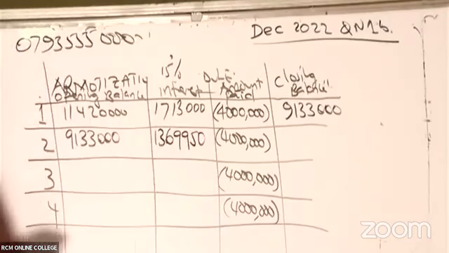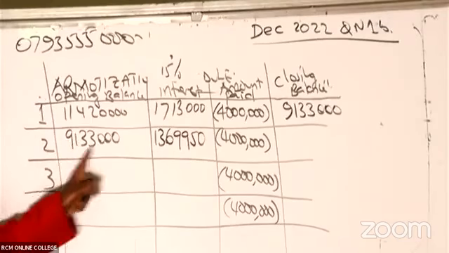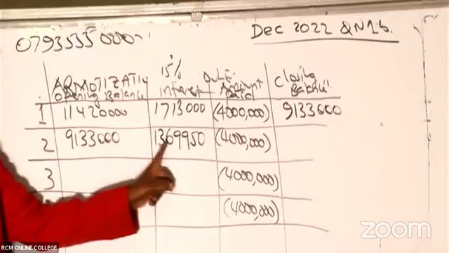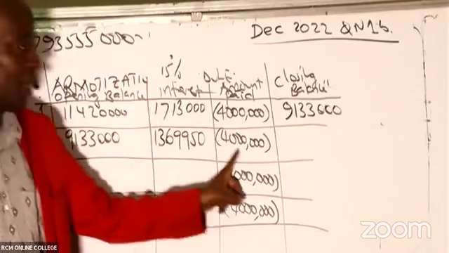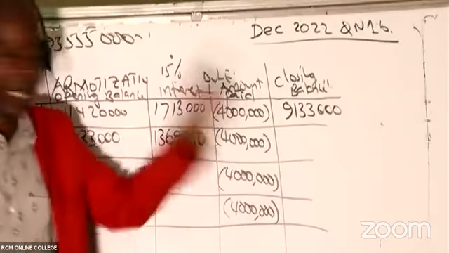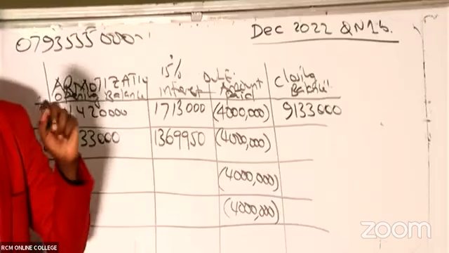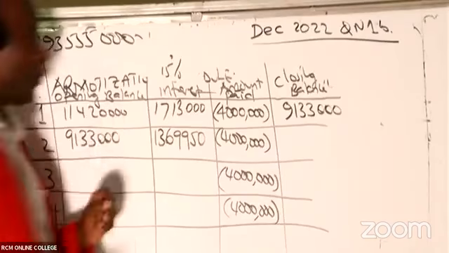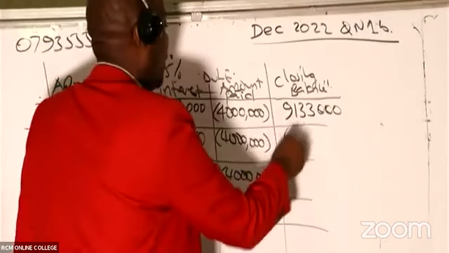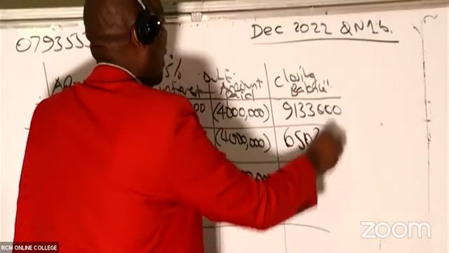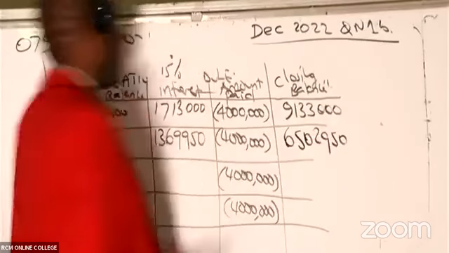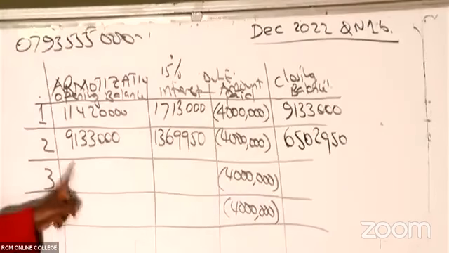So after that, please come and have this amount growing. So you add this plus this, you subtract 4 million. You give me the closing balance for year 2, which is 650.29.50. So bring this forward here.